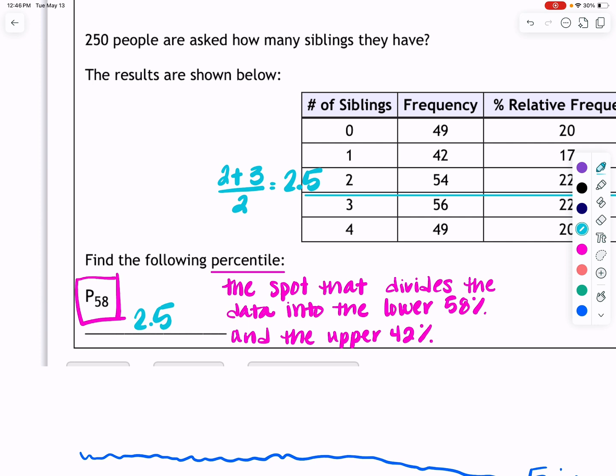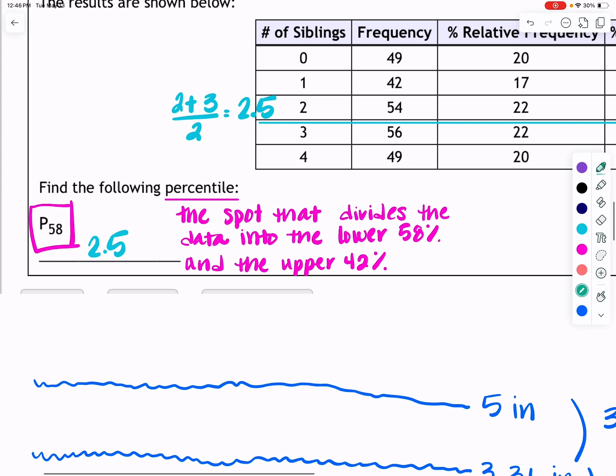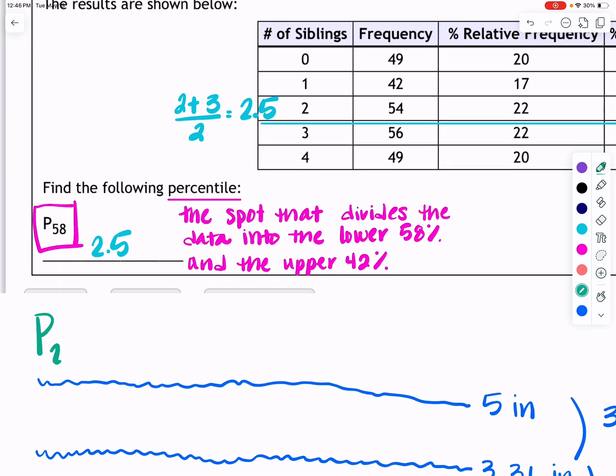Now, there are other ways they could ask this question. They could ask you for P22. Well, this means I am looking for the spot that divides the data into the lower 22% and the upper 78%.